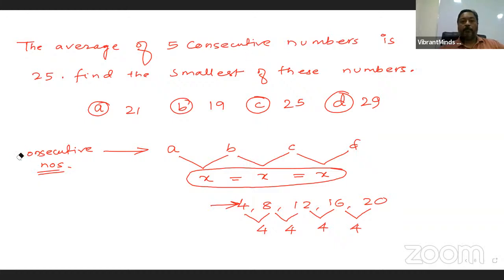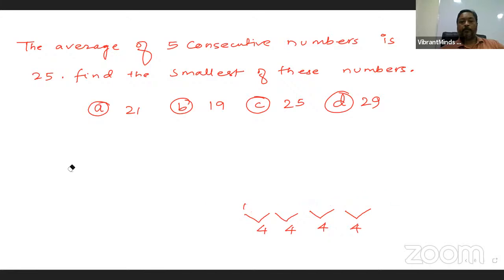Now, let's solve it. Let me give some examples of consecutive numbers and then we will solve this. Suppose I have 1, 2, 3, 4, 5.